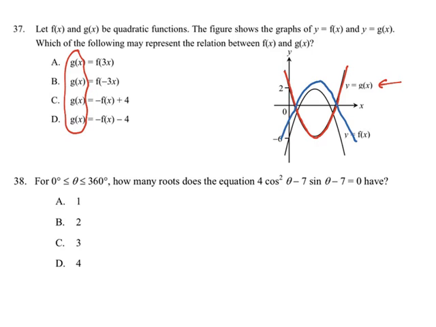Just flip, rotate through the x-axis. So for this step, it becomes negative f(x). And then you can see negative 2 is going down. So go down 4, so minus 4. So the answer is D.